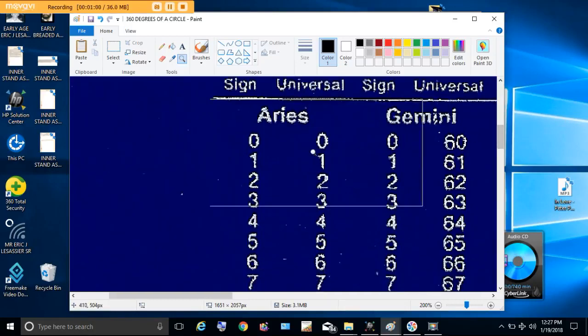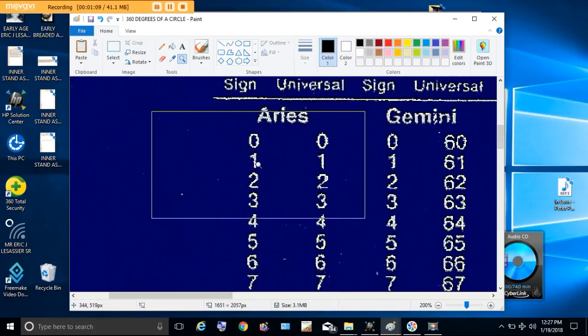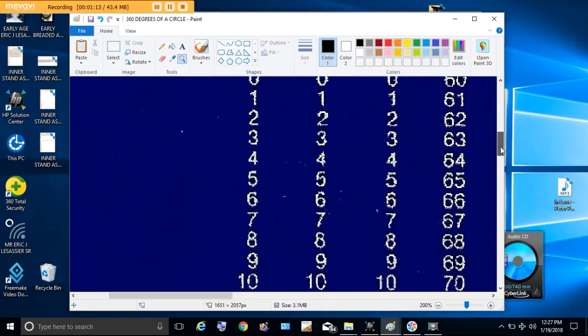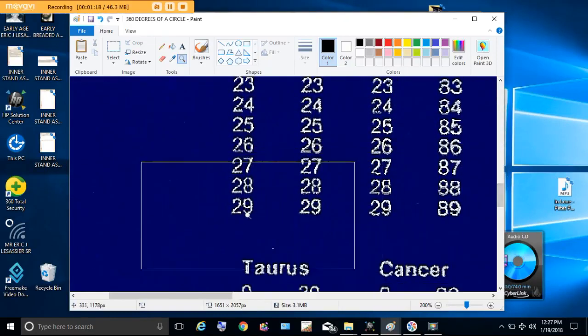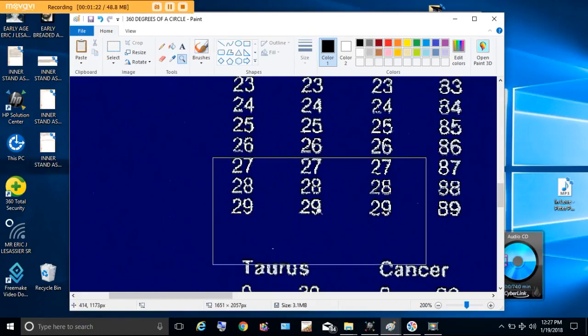Now Aries starts at the beginning from 0, and its value equals 0. It goes to 1, and then its value equals 1. Alright, and so forth and so on, until you get to the value of 29, and so its value is 29, starting from 0.